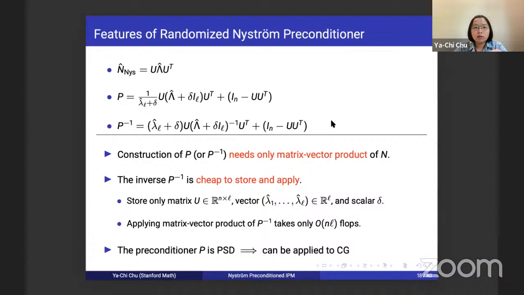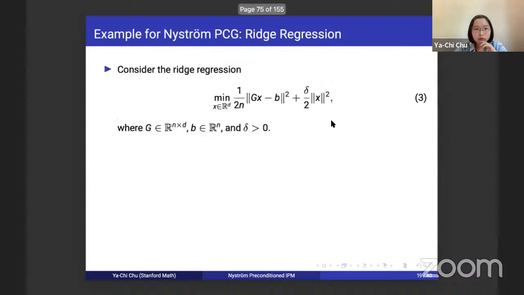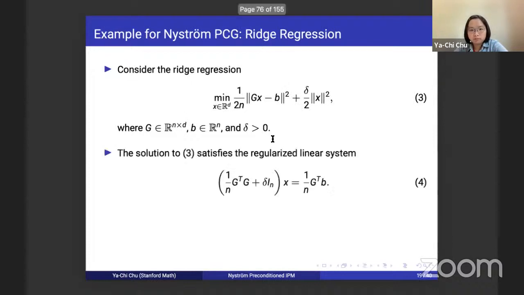Okay, so we can see an example for the Nystrom PCG here. Let's look at the model of ridge regression, which is basically minimizing some least square term plus some 2-norm regularization term.